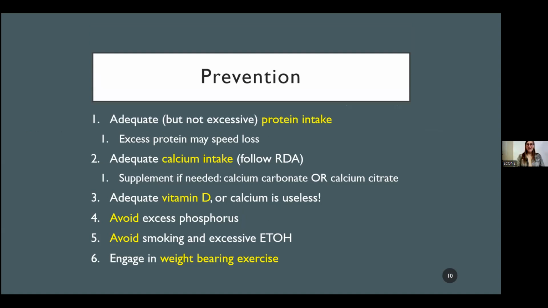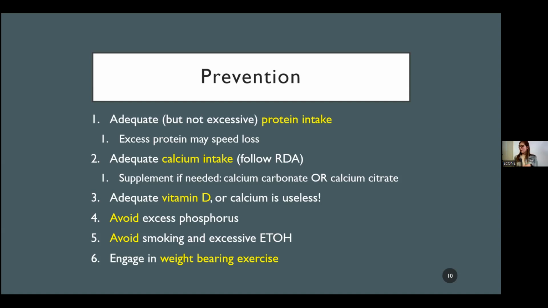So continuing on with the subject of osteoporosis, talk about how we can prevent that, because that's kind of an important thing, is how can you prevent a disease from happening? So first off, just having adequate protein in your diet, but not excessive. Excessive protein actually may speed the loss of bone because it works with calcium.